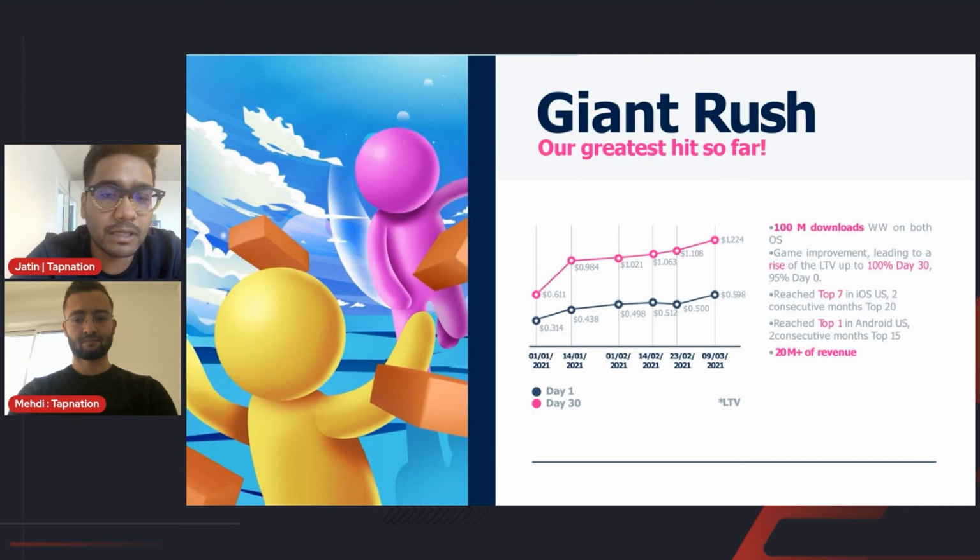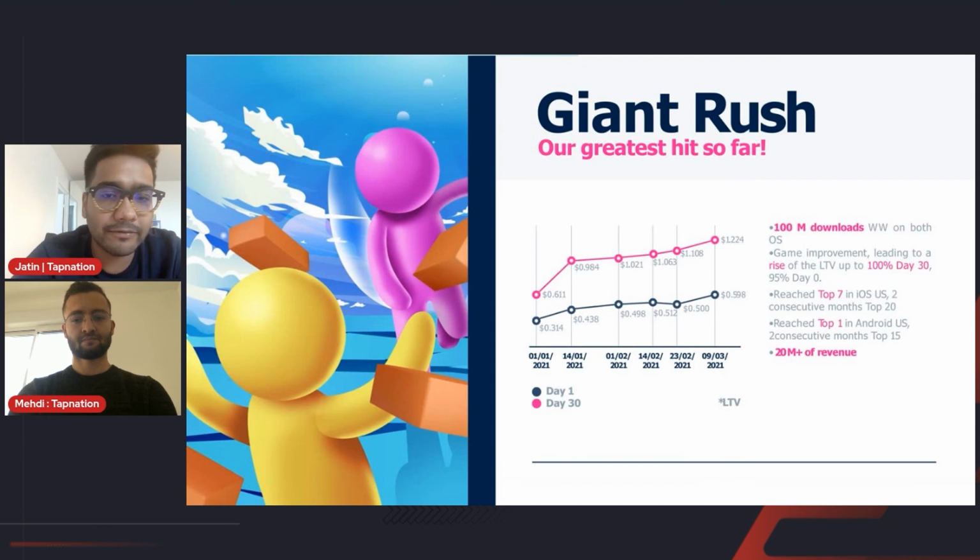Since the game launched, which was in January 2021, in the span of 7 to 8 months, we were able to almost double the LTV. And also during this time, the game reached top one on Android and top 10 on iOS. And it was one of the most played games in quarter one and quarter two of 2021.